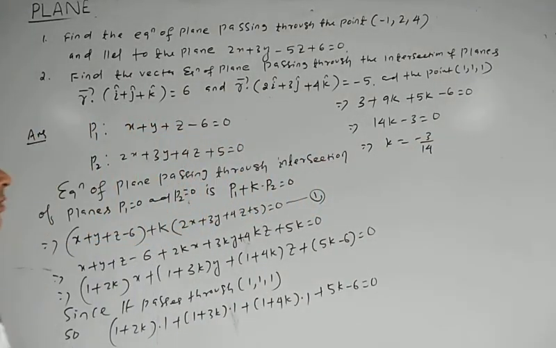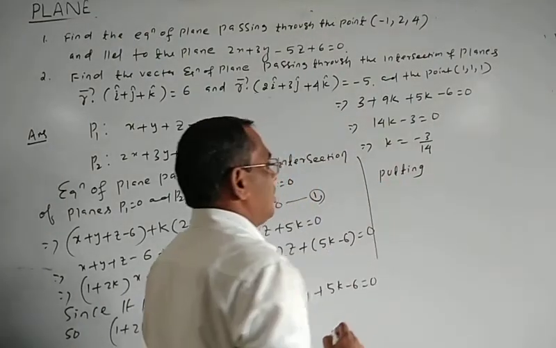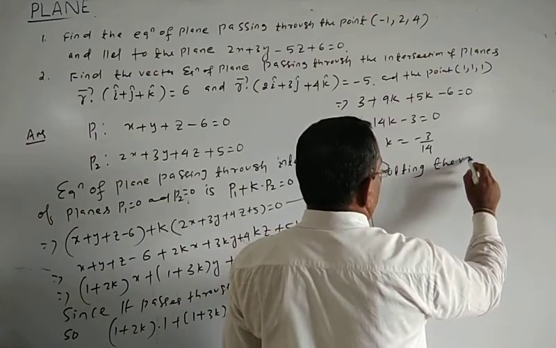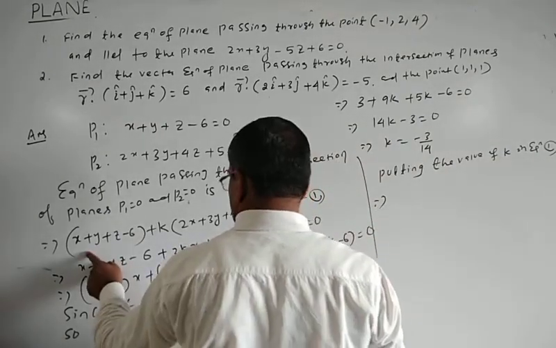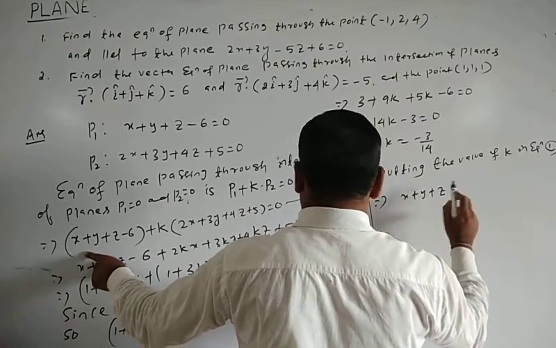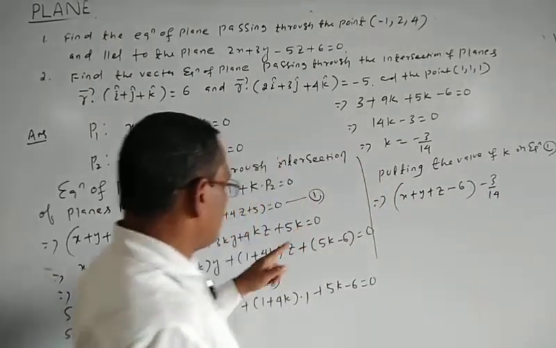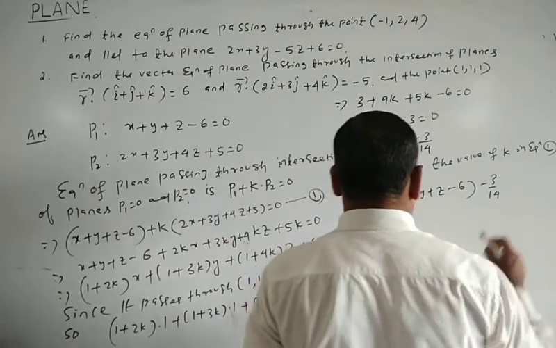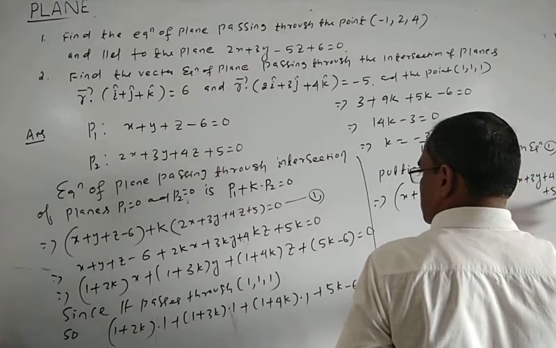Putting the value of k in equation 1: x plus y plus z minus 6 minus 3 by 14 into 2x plus 3y plus 4z plus 5 is equal to 0.